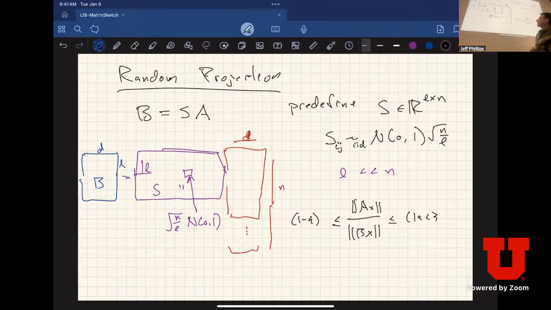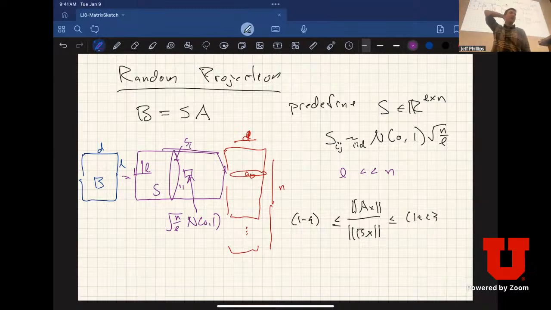So for every row I process here, AI, it corresponds with a column SI here, and I can generate this projection on the fly.